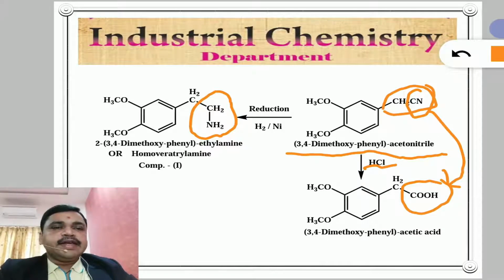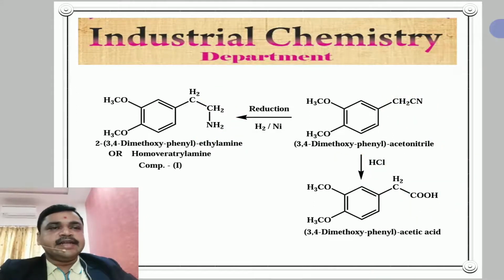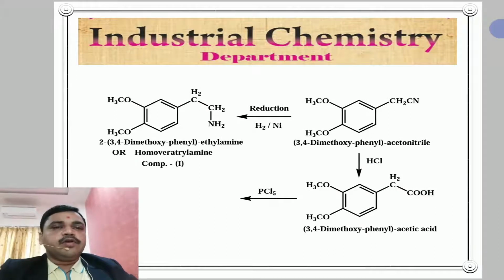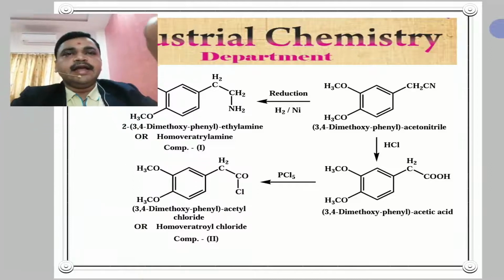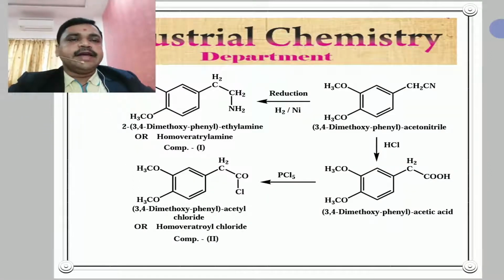So we get 3,4-dimethoxyphenyl acetic acid. Now this 3,4-dimethoxyphenyl acetic acid is treated with PCl5, phosphorus pentachloride, and then we get our compound number 2, homoveratroyl chloride.